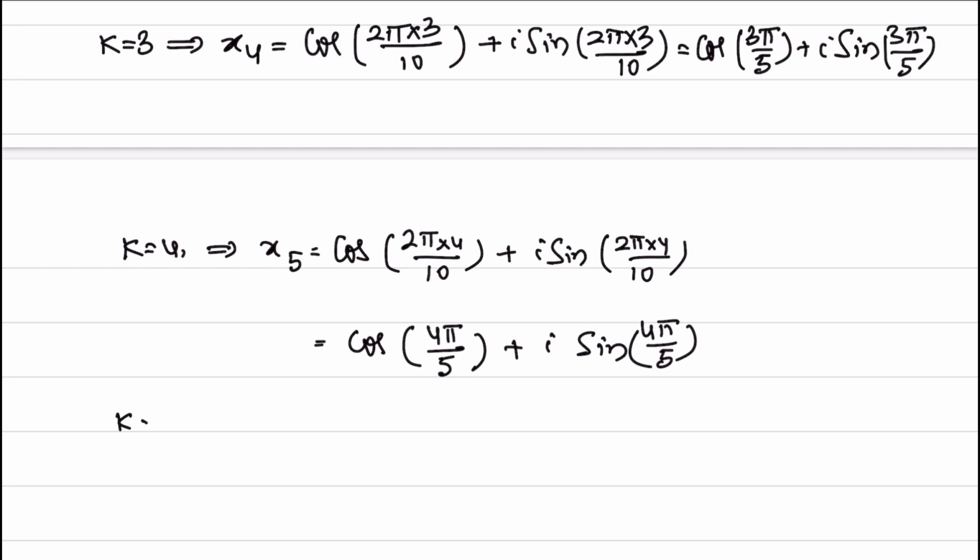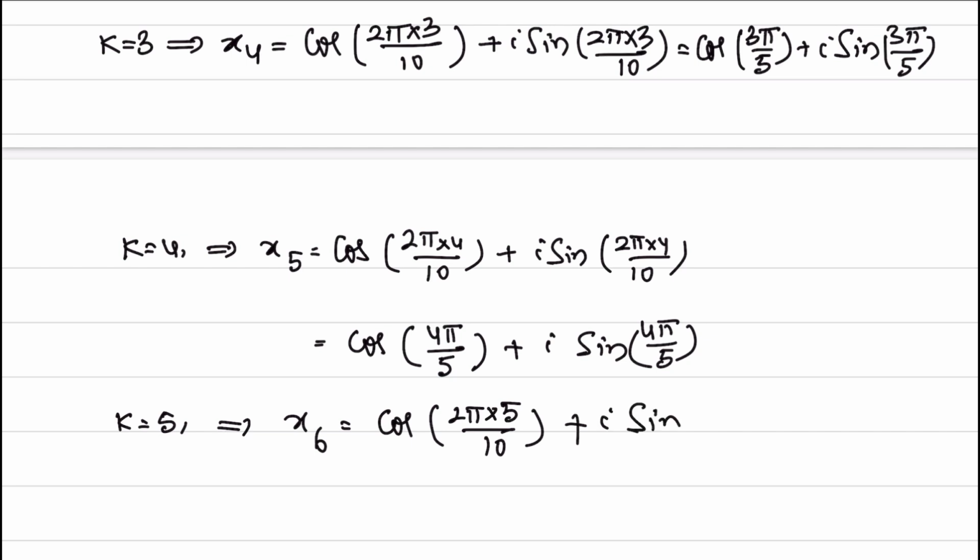When k is equal to 5, it implies x6, the sixth root, that is equal to cos 2 pi into 5 by 10 plus i into sin 2 pi into 5 by 10.